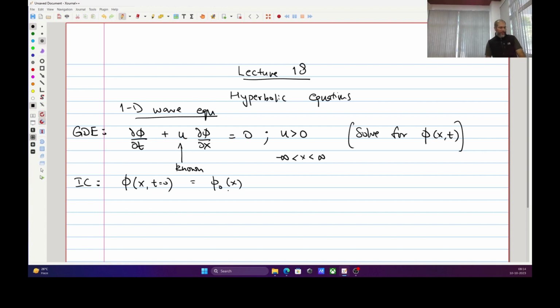That function, which is the initial condition, is called phi naught. I'll not talk about the boundary condition right now. We'll discuss it a bit later. Although you know that we do need, in this case, how many boundary conditions would you need? One. Right. So we'll talk about which boundary condition we'll need after we do some analysis.